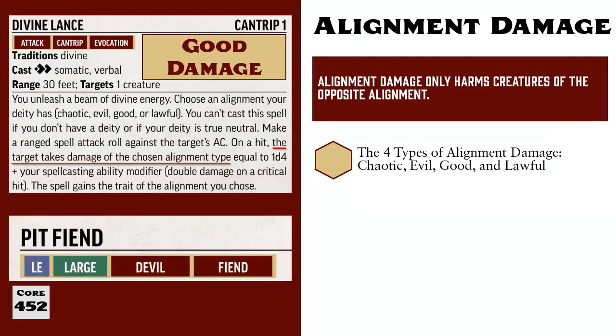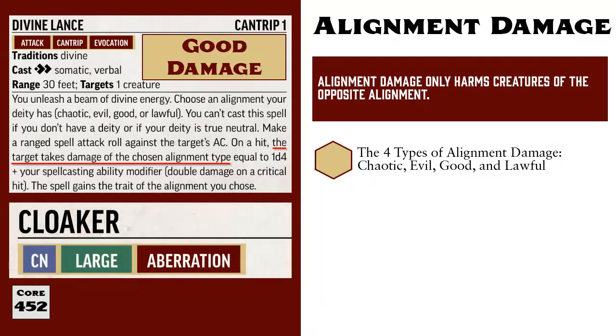If the cleric hits a devil with divine lance, it will harm it because devils are evil. But if the same cleric shoots a divine lance at a vicious cloaker, it won't have any effect at all, because cloakers are chaotic neutral and only evil creatures can be harmed by good alignment damage. However, lawful alignment damage would harm a cloaker.